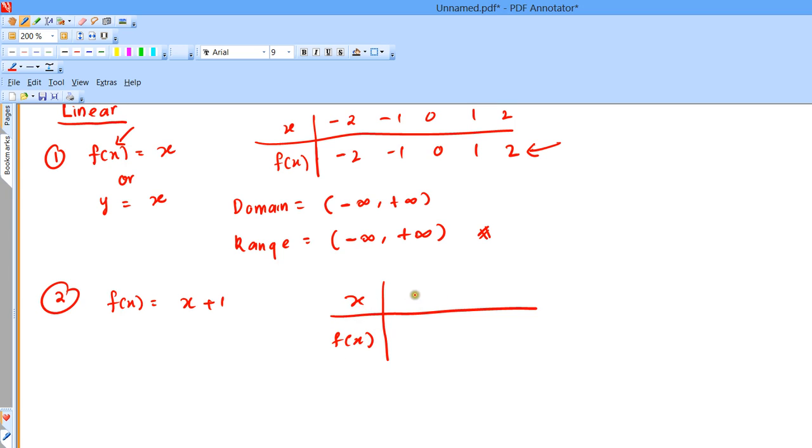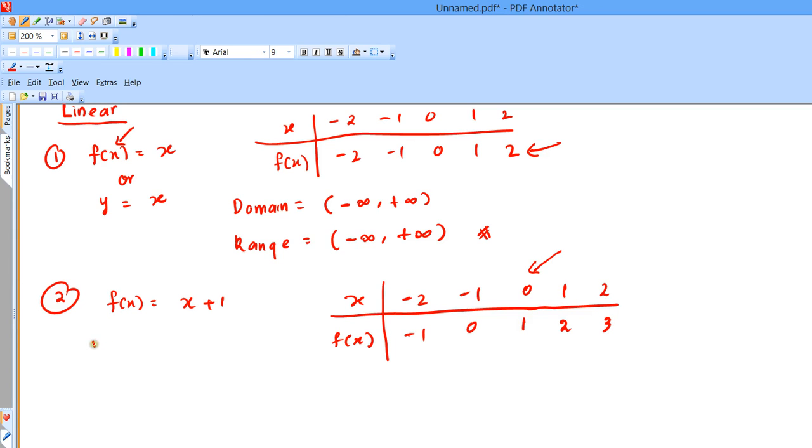If we choose x equal to -2, f(x) equals -1. x equal to -1, f(x) equals 0. x equal to 0, f(x) equals 1. x equal to 1, f(x) equals 2, and x equal to 2, f(x) equals 3. So from this, we can take any real value of x.